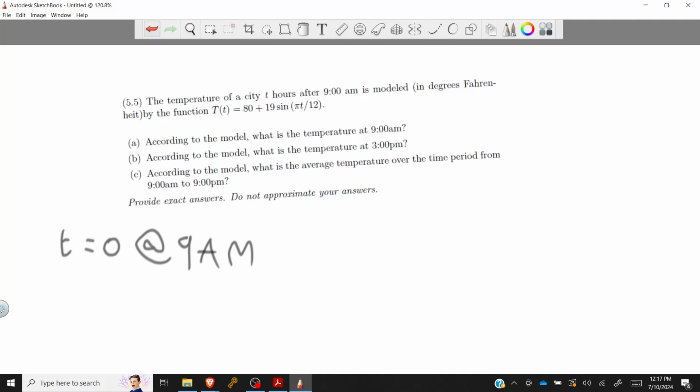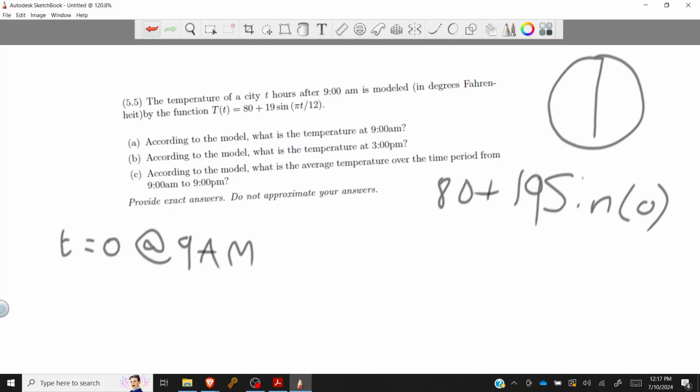Sine of pi times 0 over 12 is going to be sine of 0. 19 times sine of 0 plus 80. If you remember the unit circle, this is going to be like your 0, 0 point, the center of the graph. And you can think of these as like x and y coordinates.